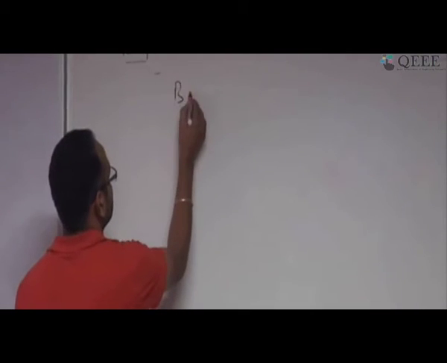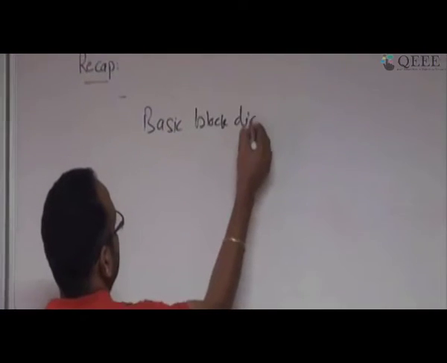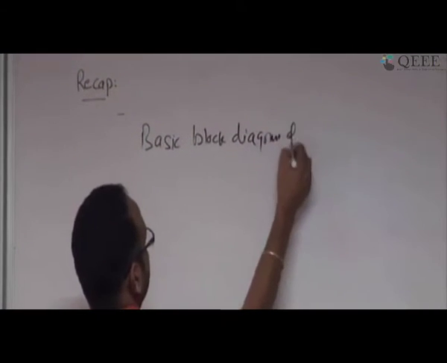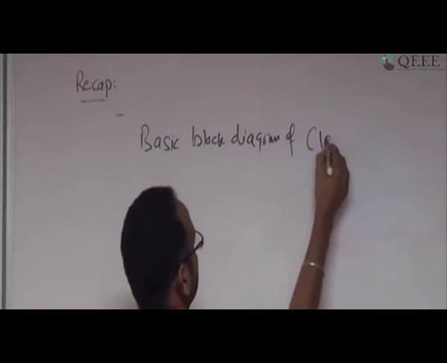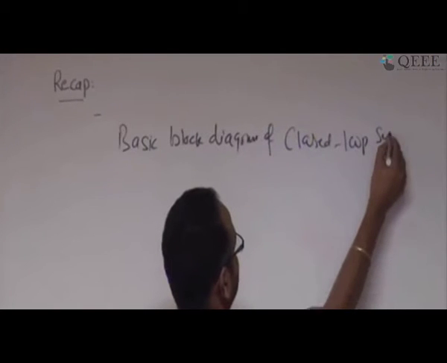Let me try to recap what we did last class and which concepts are going to be very useful for the coming classes. First we understood the basic block diagram of any closed loop system.